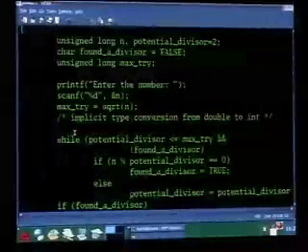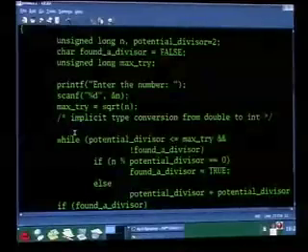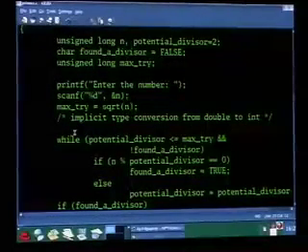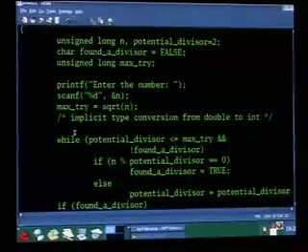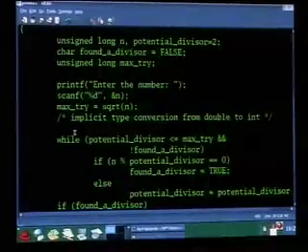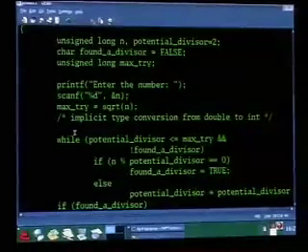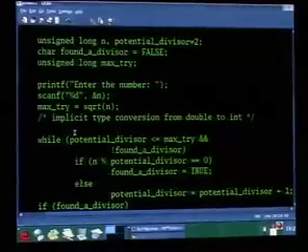Note that the loop will terminate when either potential divisor becomes greater than max try or we find the divisor. So if n % potential divisor is 0, then found divisor is set to true. Otherwise, potential divisor is simply incremented by 1.